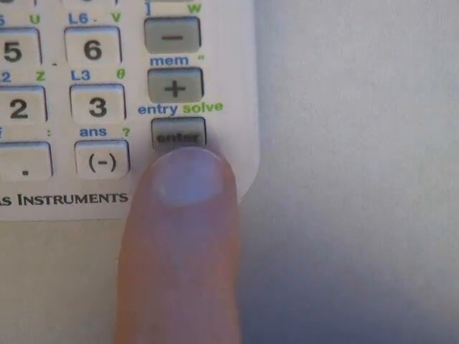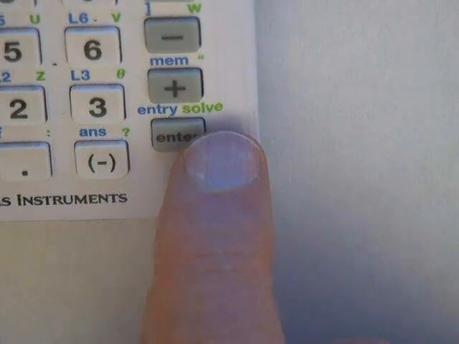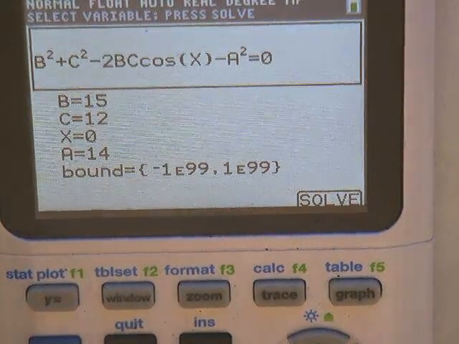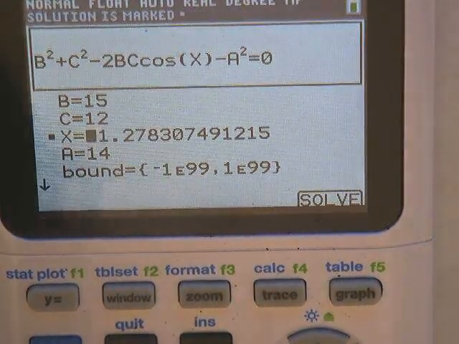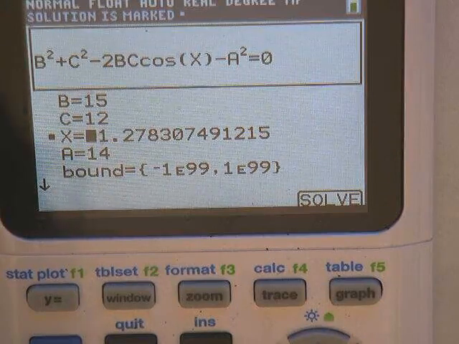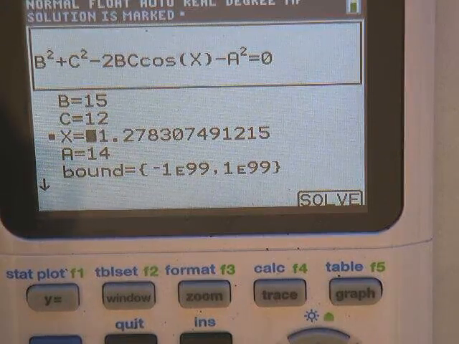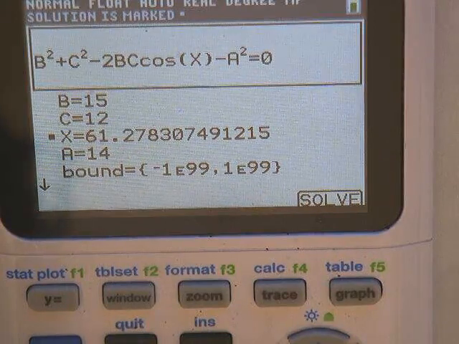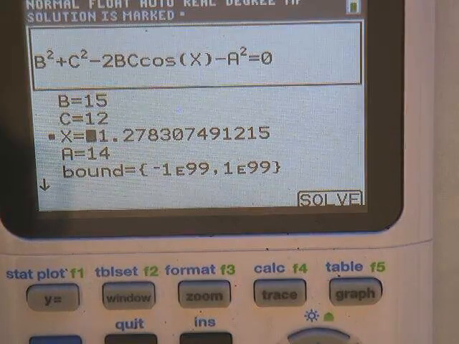Look right here above enter, in green it says solve. So all I have to do is alpha enter, and it just went and found the angle for us. Now, if you're in radians, you're going to get something real stupid and small, like 0.01 degrees. So make sure you're in mode, make sure you're in degrees.